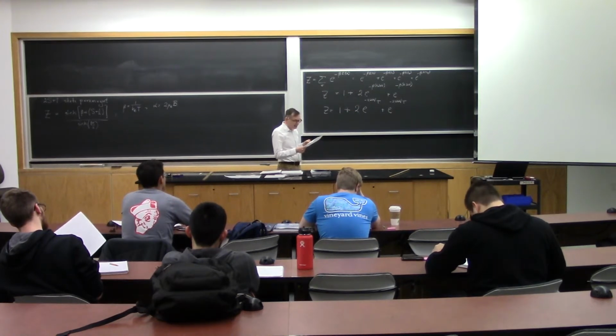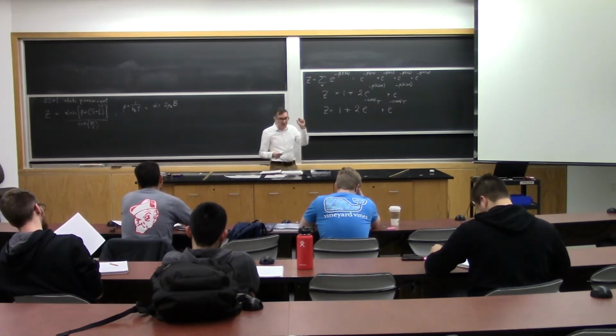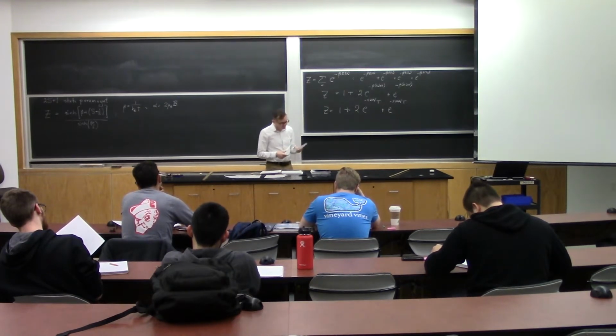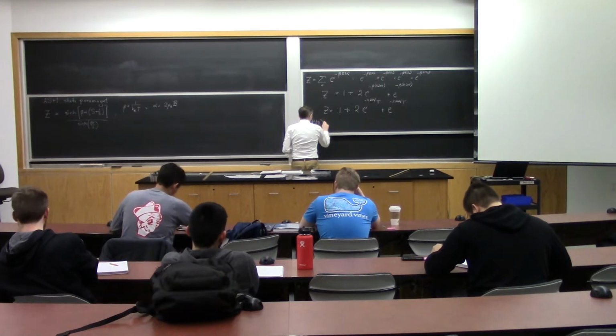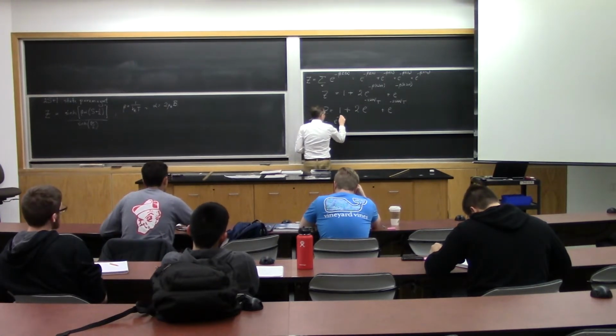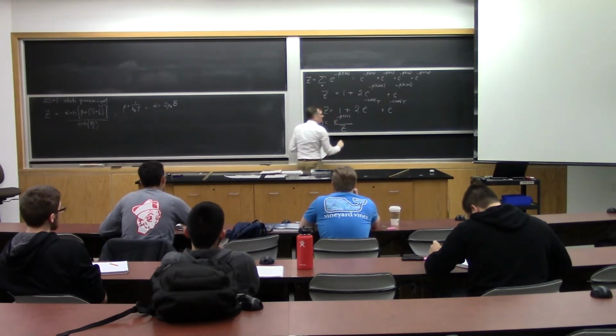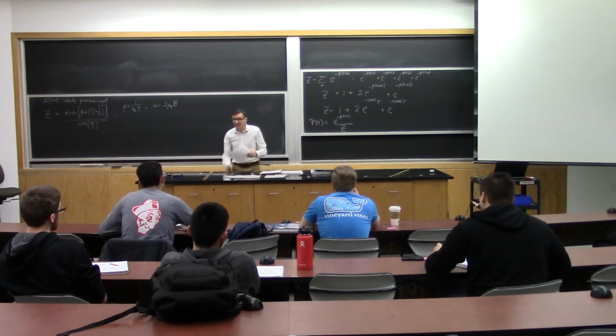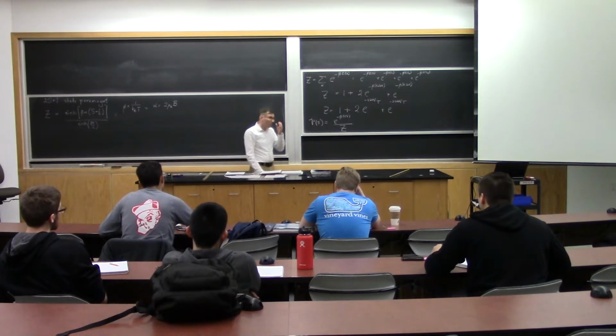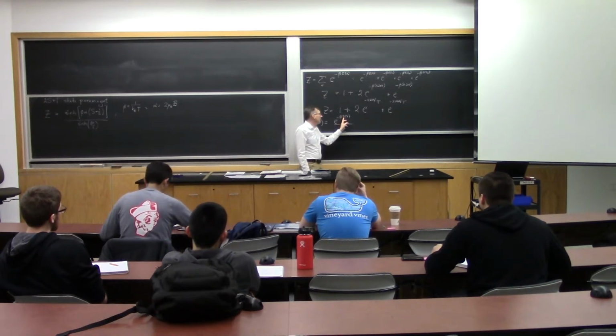Then I asked you, suppose the temperature of the reservoir is 1000 Kelvin. What's the probability of finding the system with energy epsilon of 0.1 electron volts? Well, what you calculate with the probability P is the probability of finding the system in a particular state S, where the Boltzmann factor depends on the energy of that state.